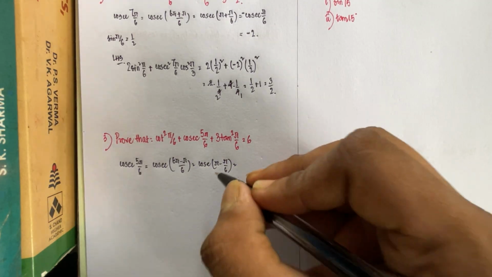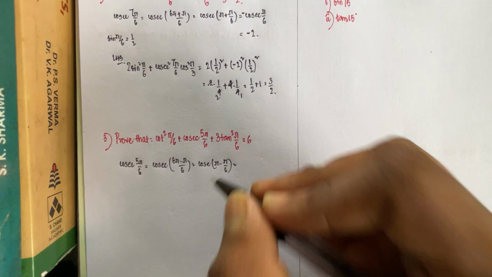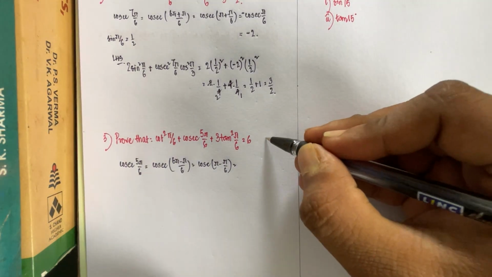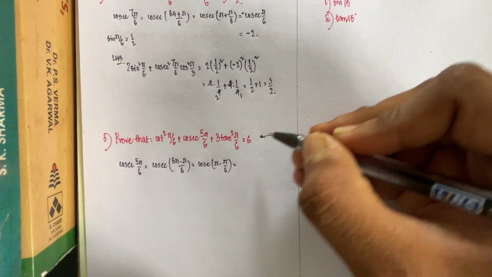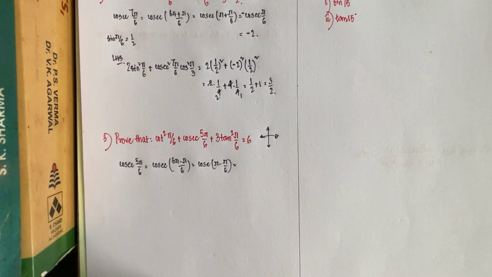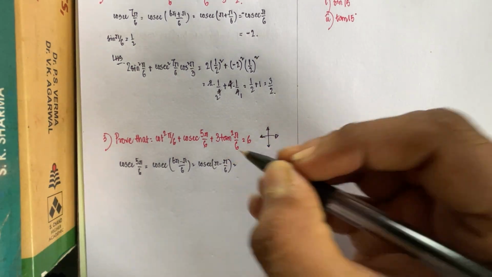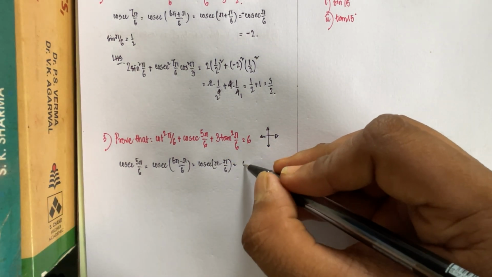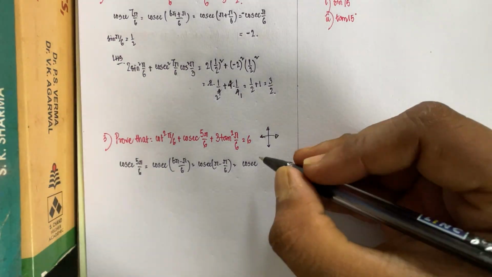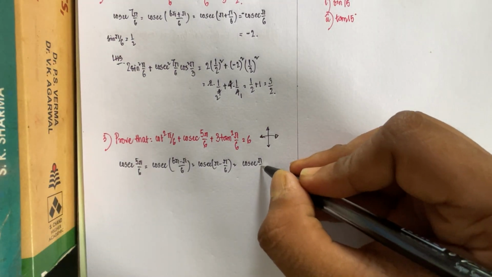Now as the function is along the pi, I'm repeating it once again: if it is along 0, pi and 2 pi, the function is not going to change. So the function will remain the same. The cosec will remain cosec only. Pi by 6 will be pi by 6.